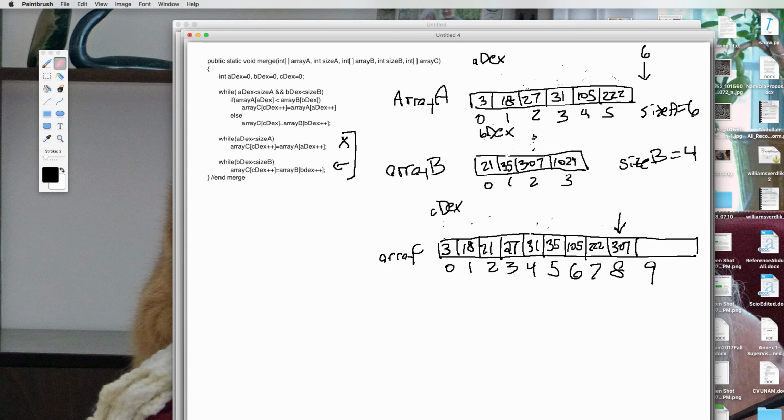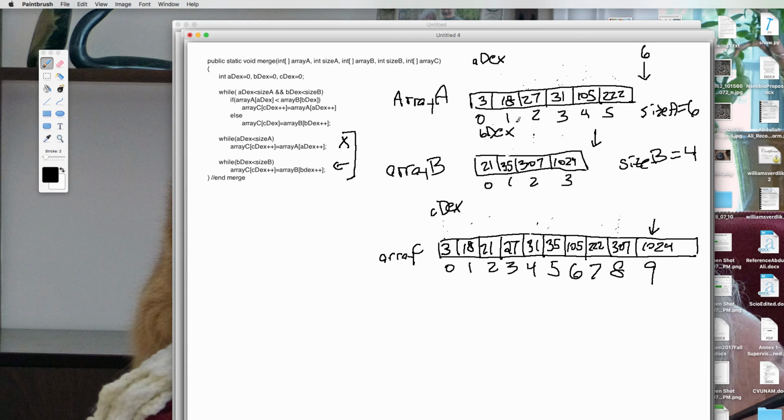This now gets incremented, as well as this. So I'm in this situation here, and I'm in this situation here, and I now copy this over to here. And now what happens is when I increment bdex, bdex is now referencing over here.